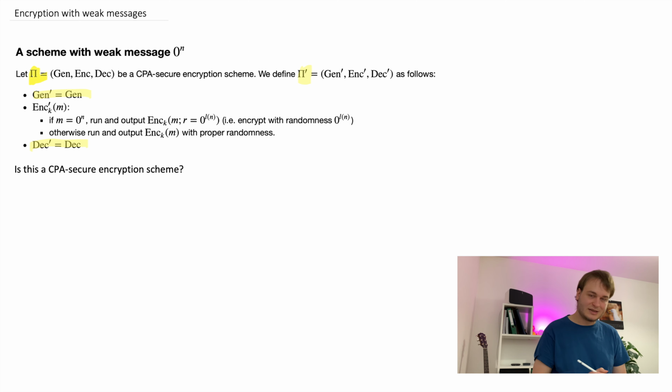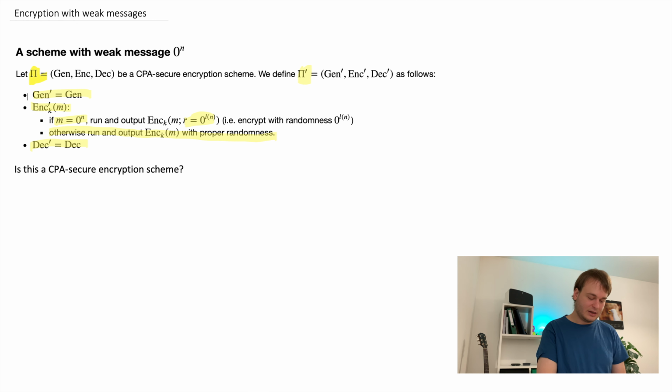The decryption is the same as in the original, but for encryption, we do a case distinction. If m is not equal to 0, it's the same as in the original. However, if m is equal to 0, then we will encrypt this message with the normal encryption mechanism, but we will use fixed randomness. So as randomness, we will just use the 0 string.